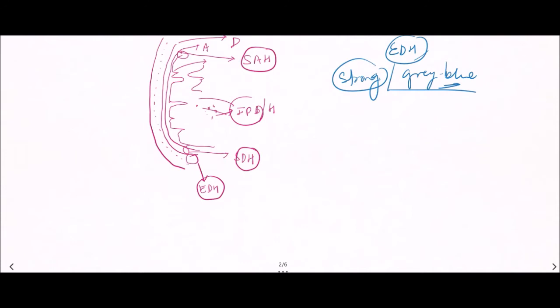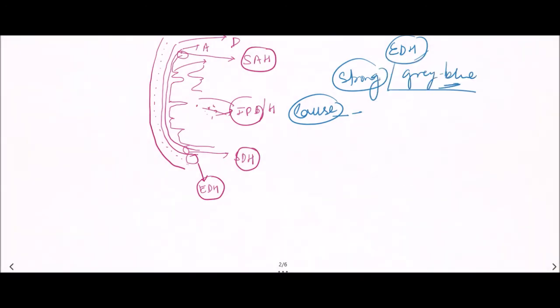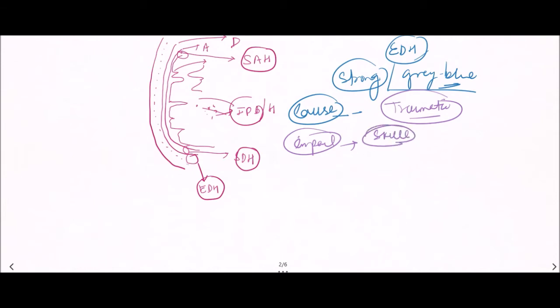Now, the various causes of extradural hemorrhage. What are the common causes? Almost exclusively it is traumatic. So the most common cause of extradural hemorrhage is trauma. Now what happens as a result of some impact? Suppose there is one impact. Due to that impact, the skull moves relative to dura mater, and there is stripping of dura from the bone.